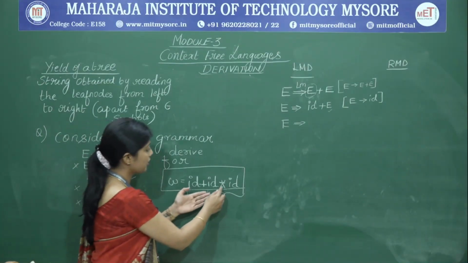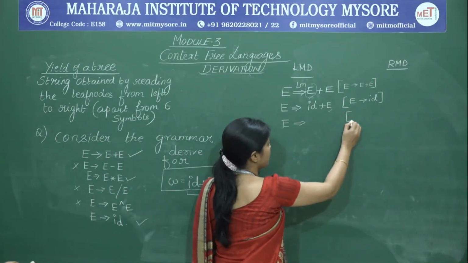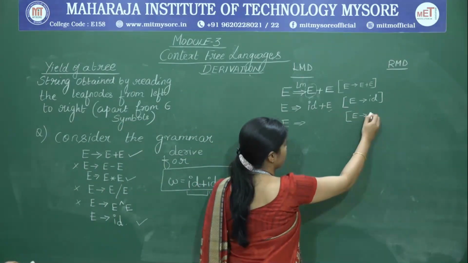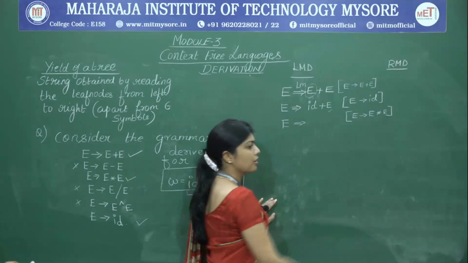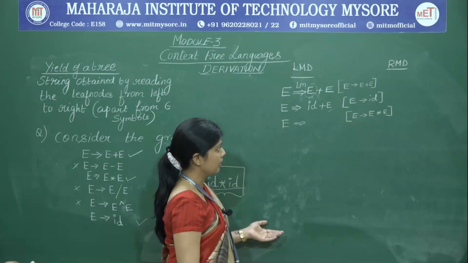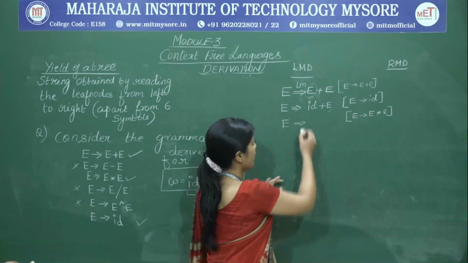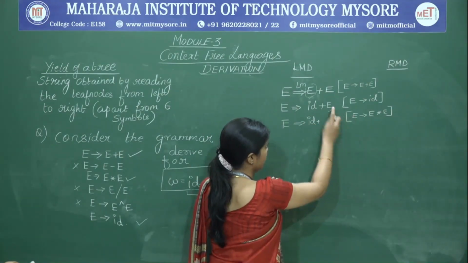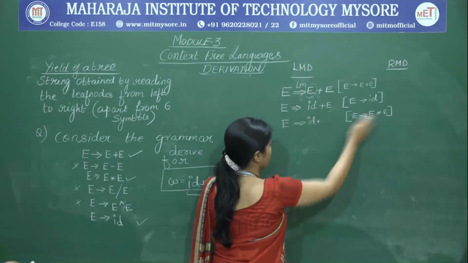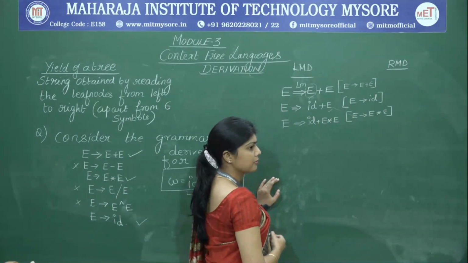Therefore, we have to use a production that has the multiplication symbol, and that production is E goes to E star E. This is the production from which we may derive id star id in later steps. So we use this. id remains as it is, and in place of this E, we write E star E.